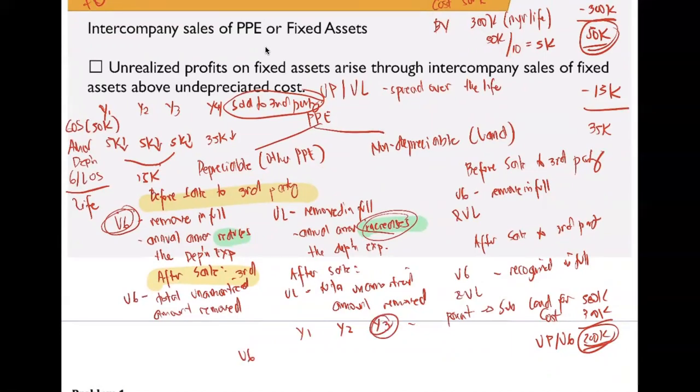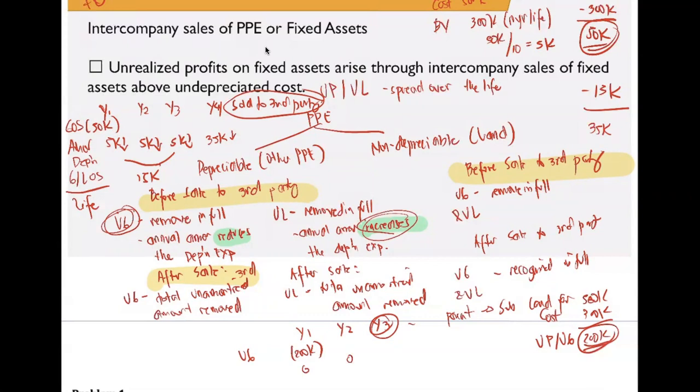Anong sabi natin? Any unrealized gain or unrealized loss before sale to your third party is removed in full. So we have unrealized gain of 200,000, we remove in full. Walang amortization. Tandaan, doon sa depreciable may amortization. Dito, walang amortization.